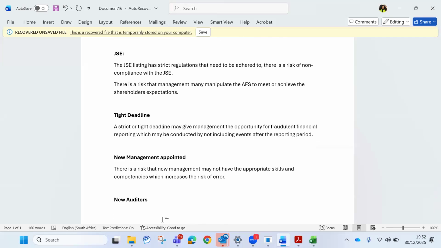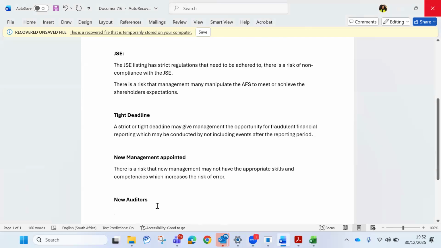And also, besides manipulating opening balances, you are unfamiliar with their operations. Yes, with a new auditor, management will take advantage to manipulate your opening balances.